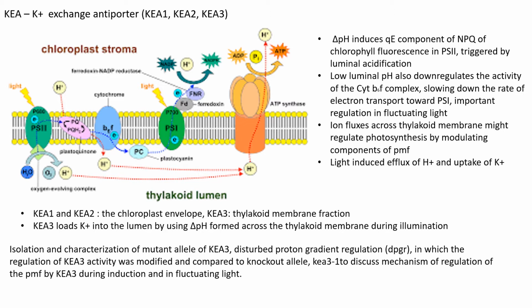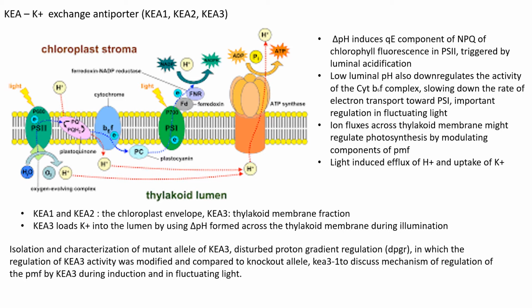If the pH of the lumen is low, the activity of cytochrome b6f is downregulated, slowing down the rate of electron transport that happens between PSII to PSI. And this is an important method for regulating photosynthesis in fluctuating light.